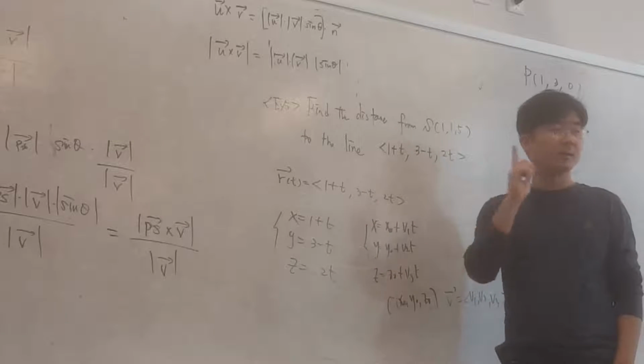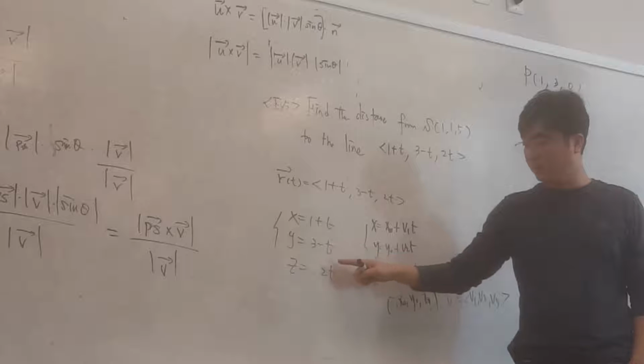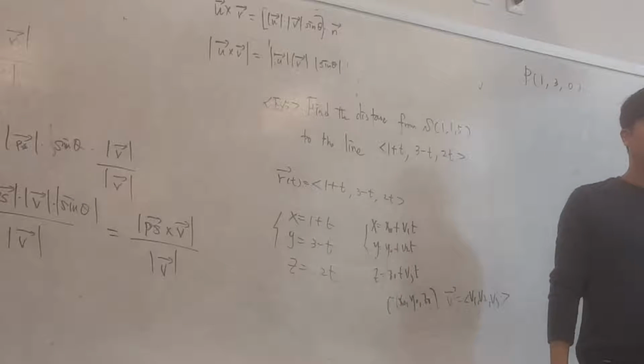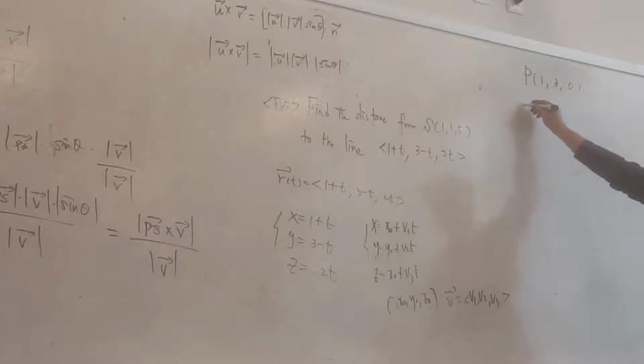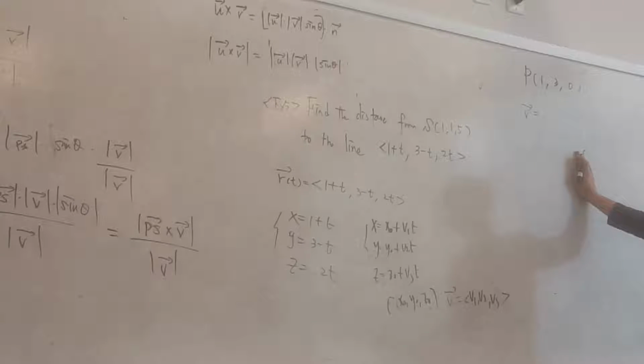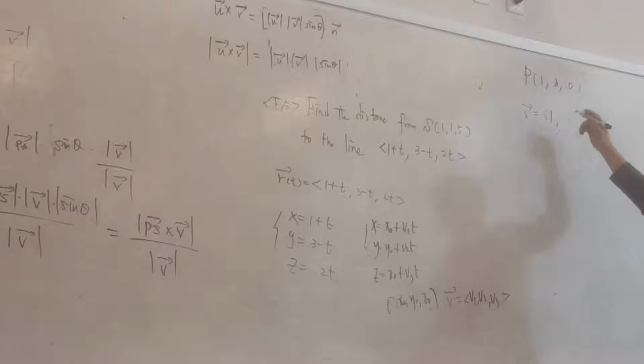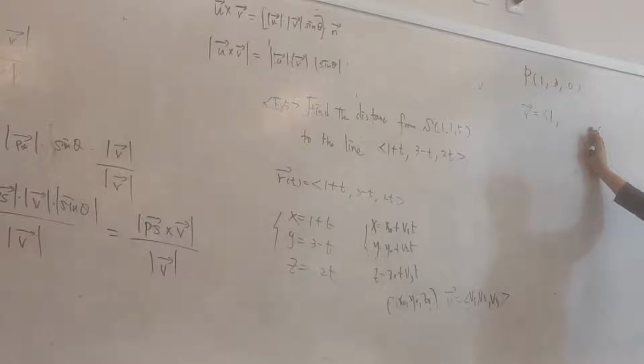Again, the coefficient of the t variable corresponds to the parallel vector. So tell me my parallel vector v now. What's my v1? 1. Thank you. What about my v2? Why is it 3?